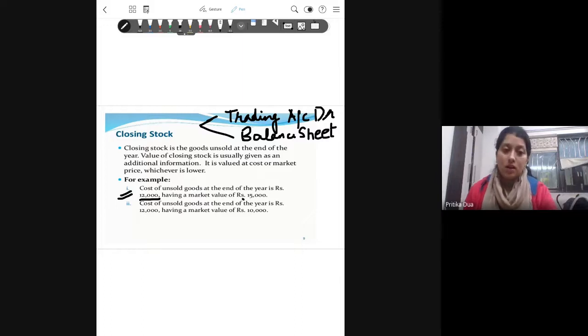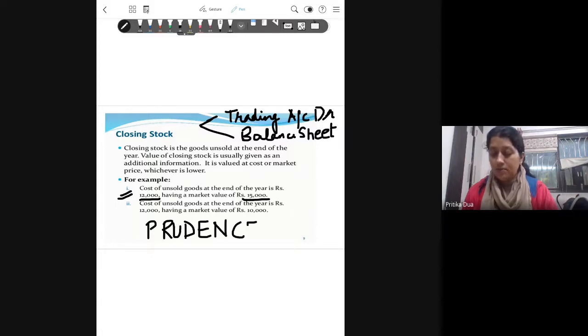Now, in final accounts, we follow the rule of prudence, which says anticipate all losses but do not anticipate any profits. So we play it very safe in accounts. We make provisions for expected losses, but we never record the profits unless and until they are earned. So the rule for stock is that it is valued at cost or market price, whichever is lower.